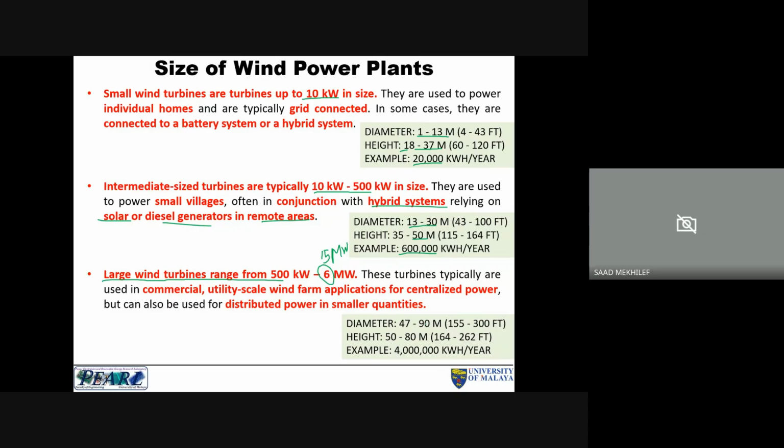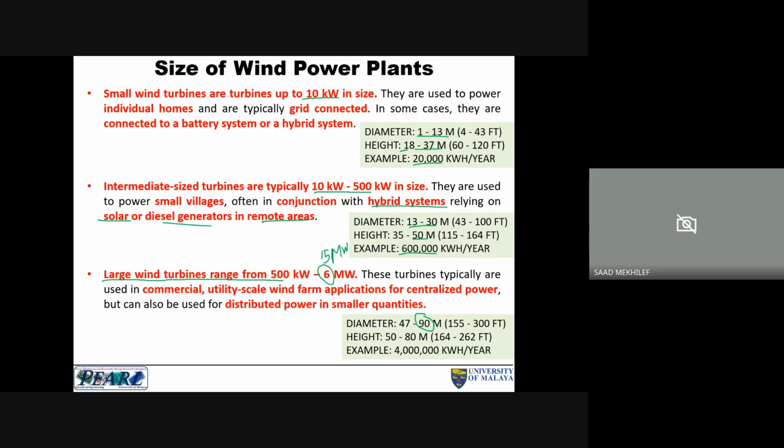As I said just now, they can go up to even 150 meters in diameter, and typically generate 10 to 12 gigawatt hours of electricity per year. So it's a huge amount of electricity.